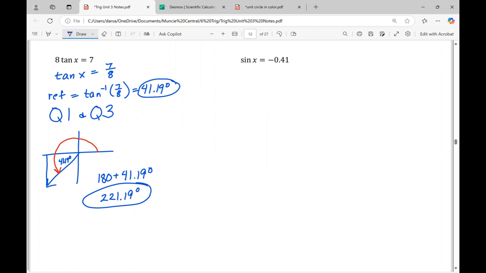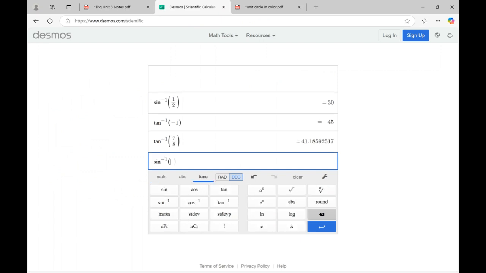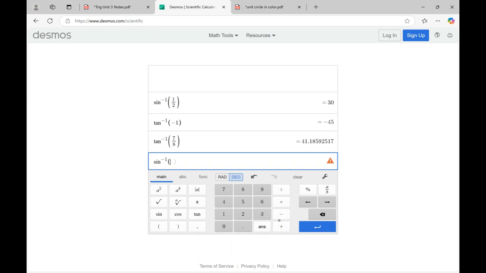Let's try this with sine of x is equal to negative 0.41 as a ratio. So we're going to get our reference angle by first doing the sine inverse of negative 0.41. And when we do that in our calculator, so we go to our Desmos, we're going to do sine inverse of negative 0.41.